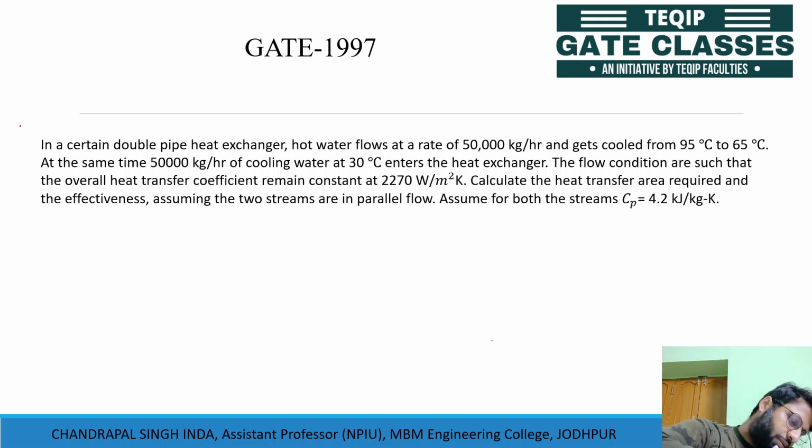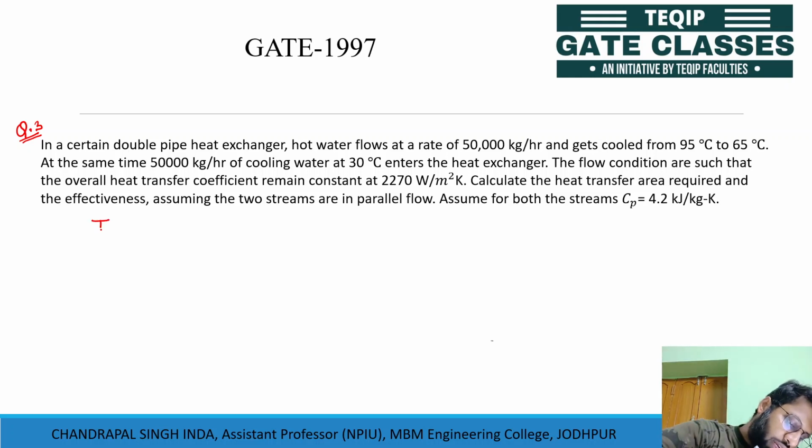So question number 3. In a certain double pipe heat exchanger, hot water flows at the rate of 50,000 kg per hour and gets cooled from 95 to 65.